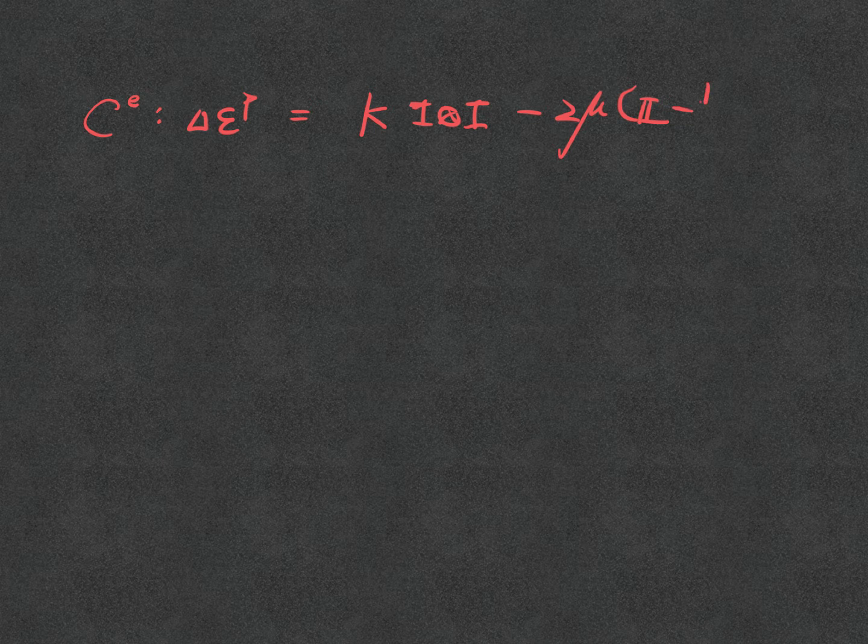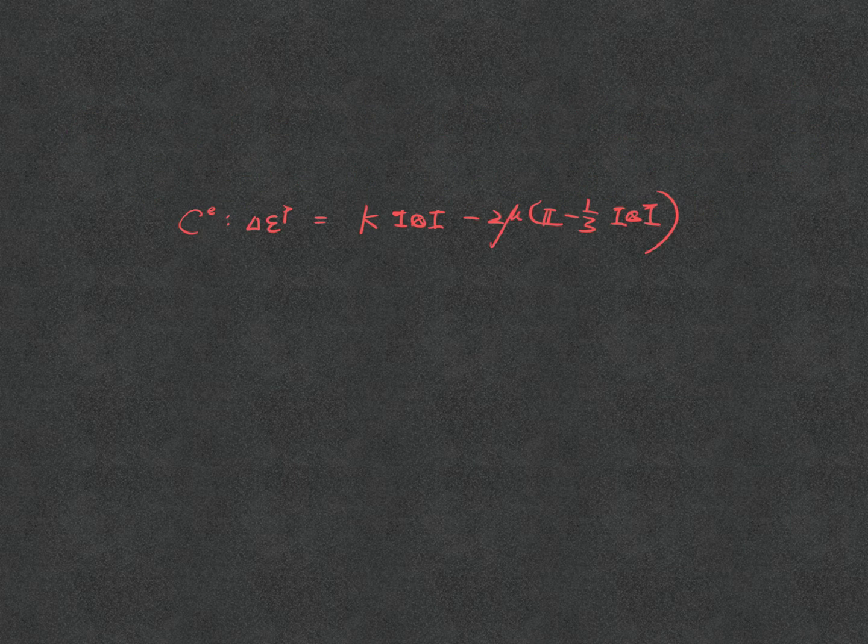So what I have is that CE double dot delta epsilon P equals K times the identity tensor product of the identity tensor, minus 2 mu times I minus 1/3 of the identity tensor product, double dot delta lambda n plus 1.